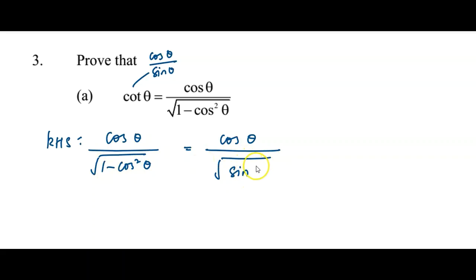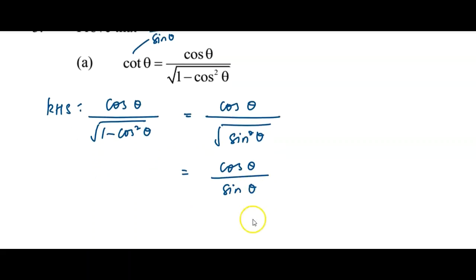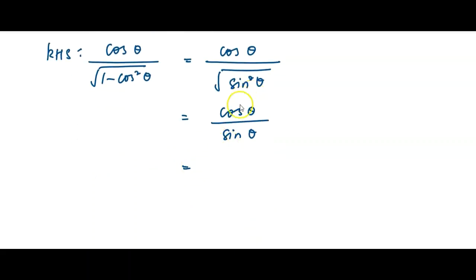It can be converted into sine square theta by using the first identity. And the square root of sine square, I can write as sine theta only. So cos theta over sine theta is actually equal to cotangent theta, and this is equal to the left hand side. Then you say you have proven this statement.